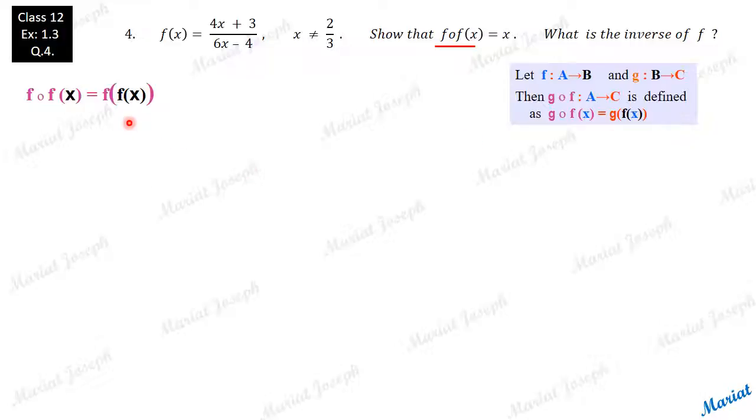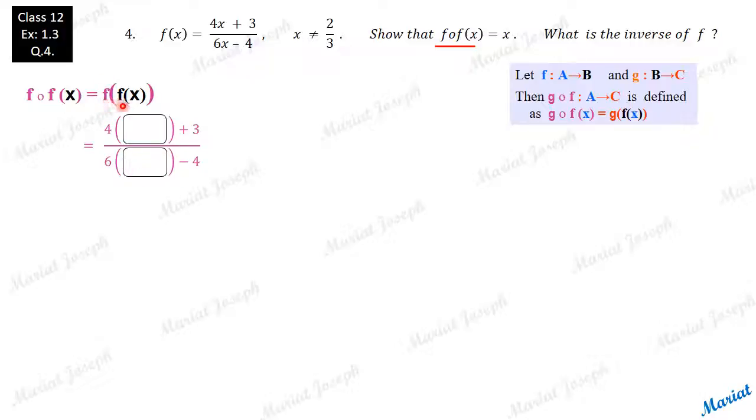Now, f(f(x)). Let us replace f(x) with this complete rule as an element here. The f function says 4 times the element plus 3 upon 6 times the element minus 4. This is the rule for this f function.